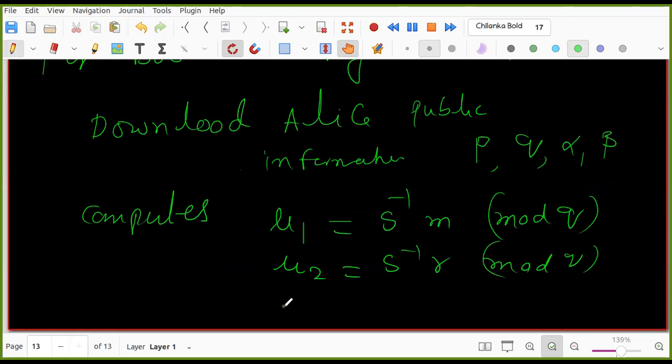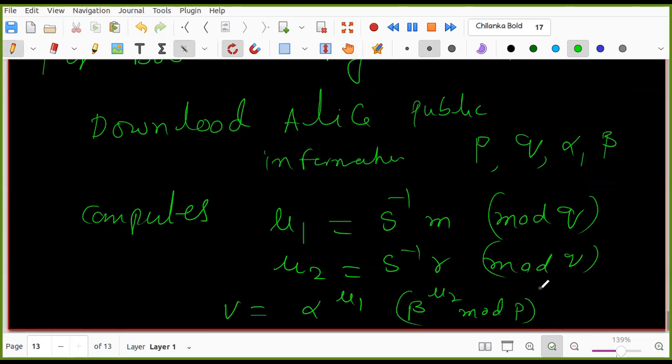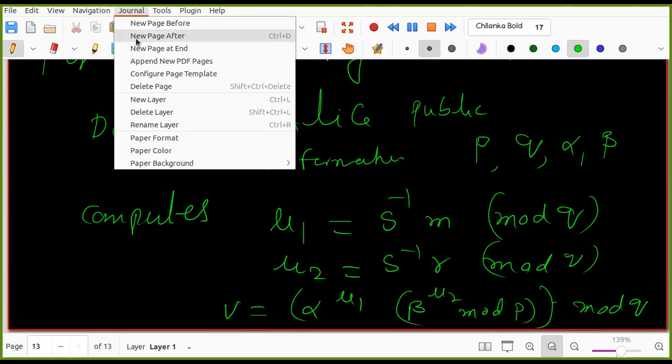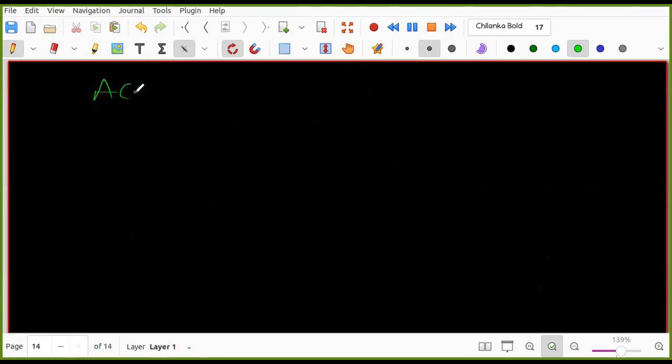A little complicated, but this is the procedure people are using, and I'll explain it. V is beta power U2 mod P, mod Q. Accept the signature if and only if V equals R.